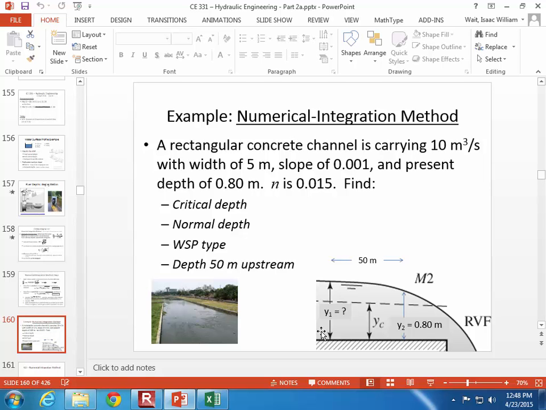We'll go through iteration to check our guess and see how good it is and gradually improve. And as you might expect, we'll use Solver to automate that process. I'm going to begin with a guess depth at Y1 of 0.85. I chose that because it's deeper. I wouldn't want to make it shallower. That wouldn't be a very good starting guess.